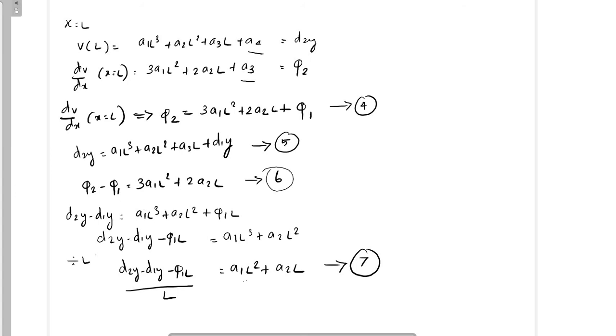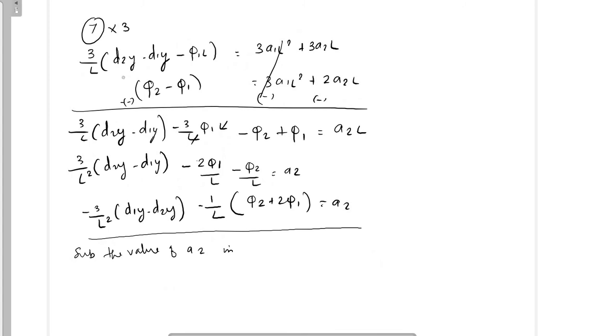So next page. So pi 2 equal to, so I am going to write on the next page, equation 5, I am writing pi 2 is equal to 3a1 L square plus 2a2L plus a3.